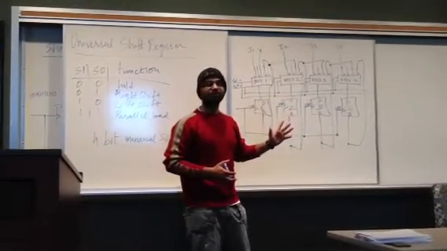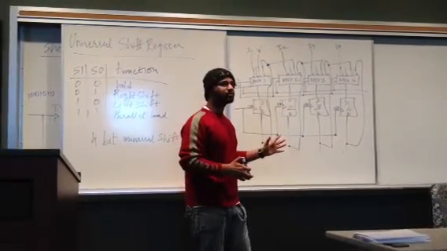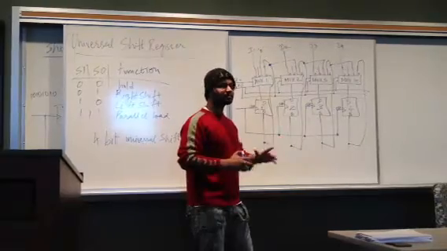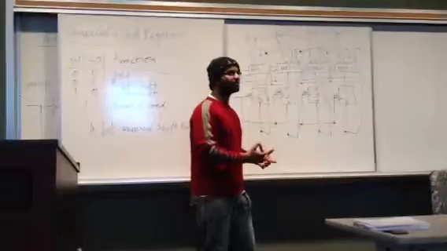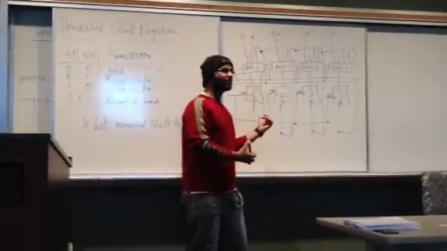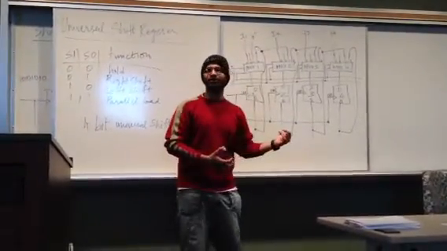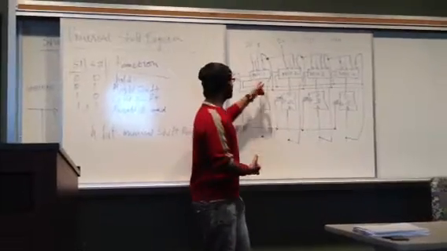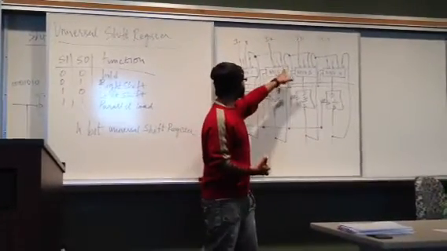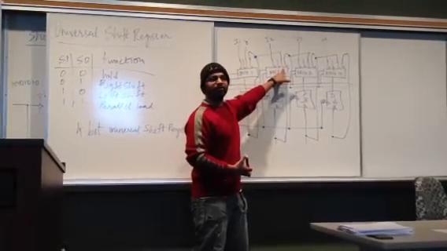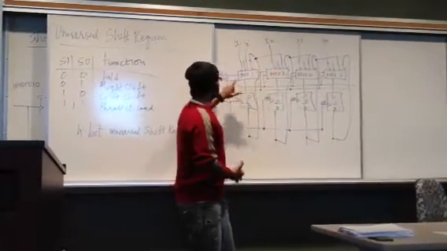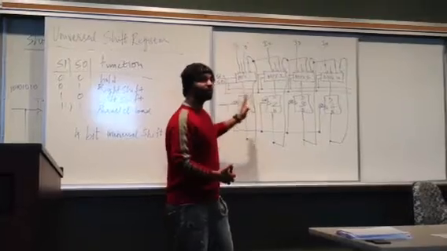Clear? Questions? Say if you do not understand, I'll explain it again. I'll try to modify my statements. But did you understand what is going on over here? Why did I connect the output of this flip-flop to the input of this mux, specifically to line 1? Because it's in parallel, or because you want to hold it? No, we are not holding on to the value.